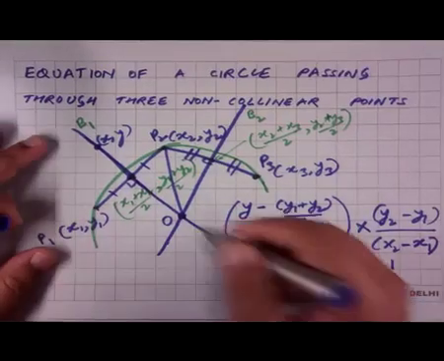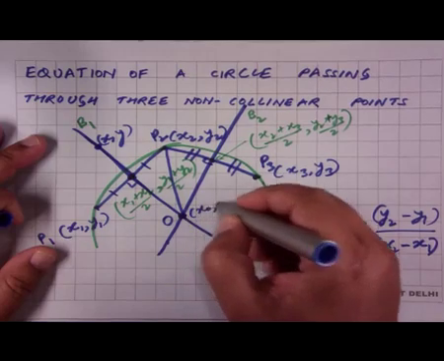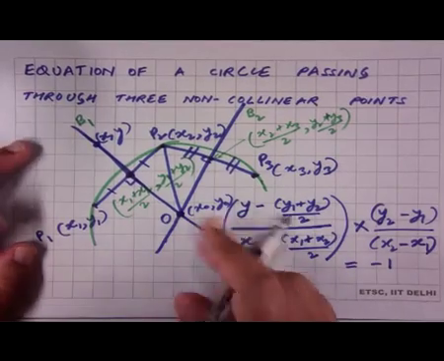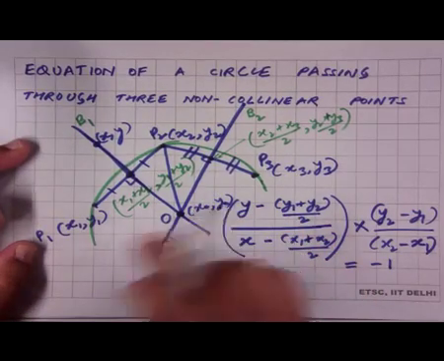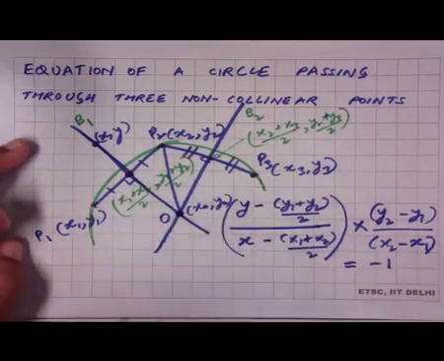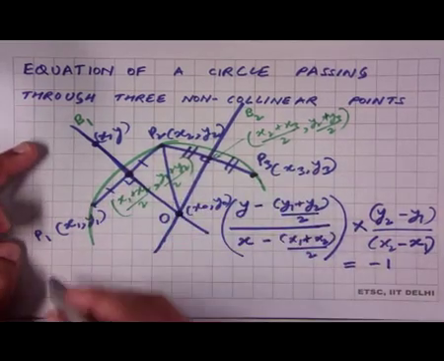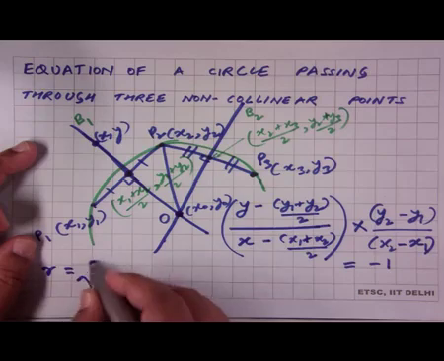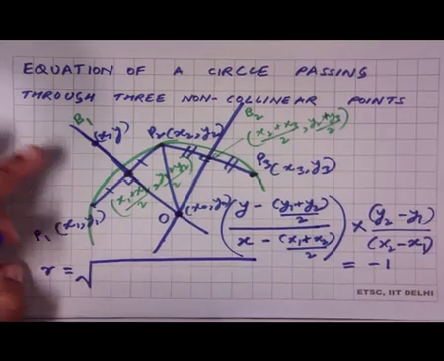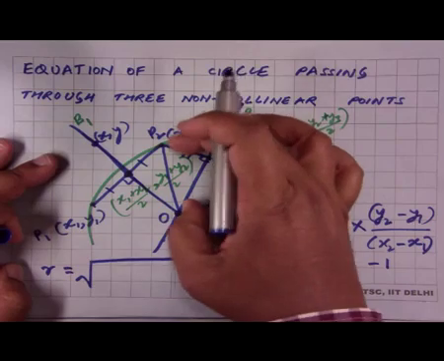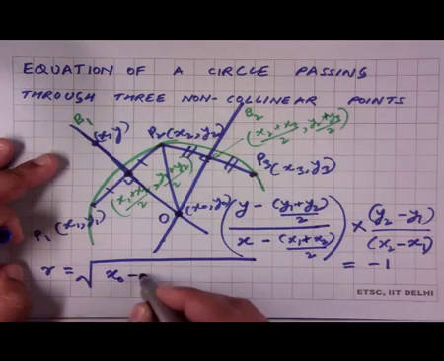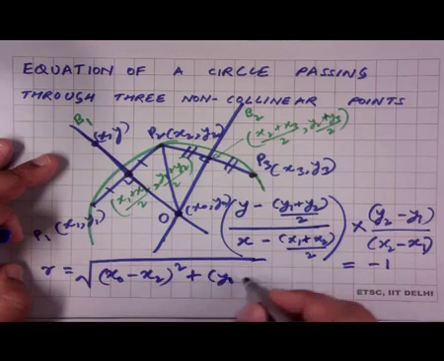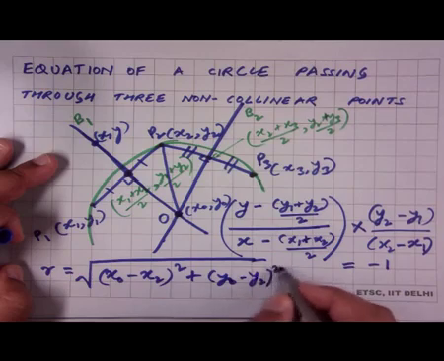Now, once we have found the coordinates x0, y0 or x naught, y naught of the center of this circle, the radius will be given by r equal to square root of (x0 minus x2) whole square plus (y0 minus y2) whole square.